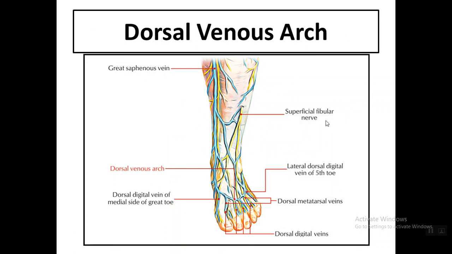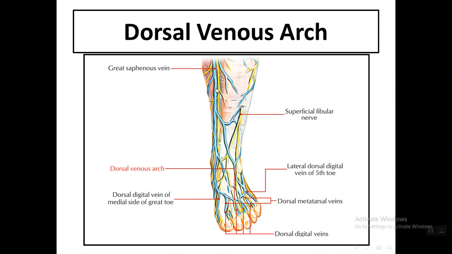In this picture we can see the dorsal venous arch of the foot. From its medial end begins the great saphenous vein, and from the lateral end the small saphenous vein ascends. The great saphenous vein is in front of the medial malleolus, while the small saphenous vein is behind the lateral malleolus.